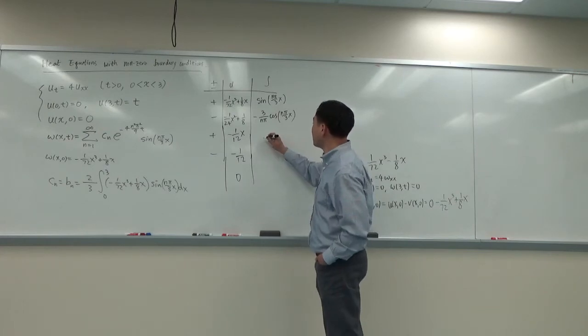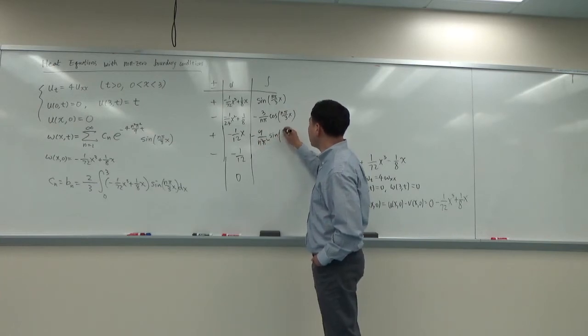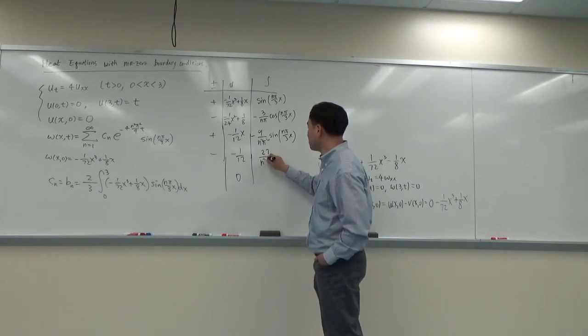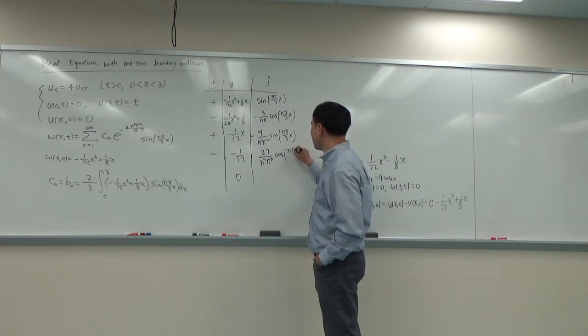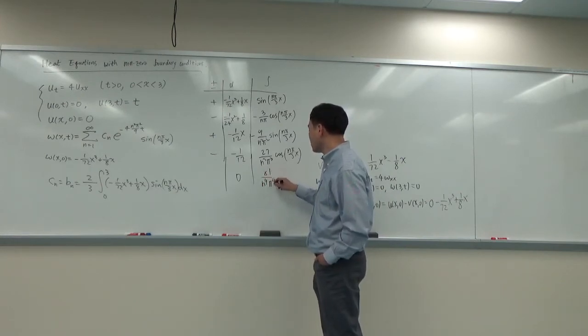And then you get 9 over n squared pi squared, still minus sine n pi over 3 x. And then this time it's plus 27 over n cubed pi cubed cosine n pi over 3 x. And then integrate again, you get 81 over n to the 4th pi to the 4th minus sine n pi over 3.